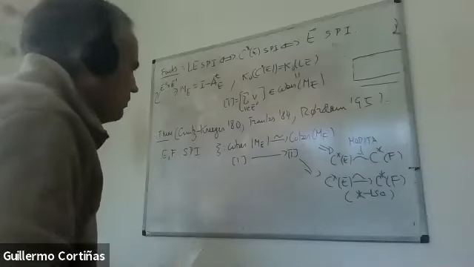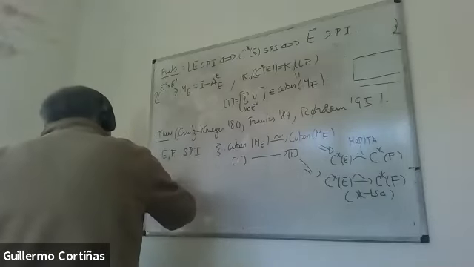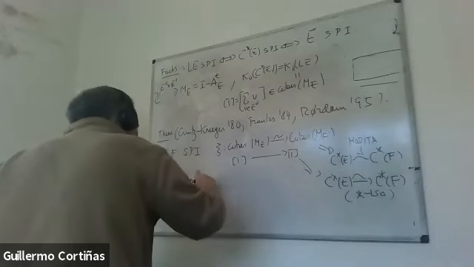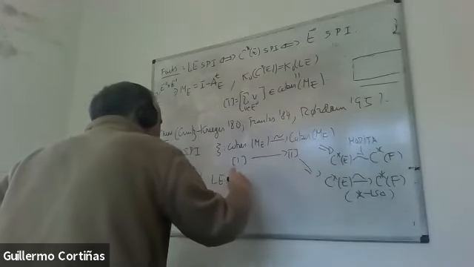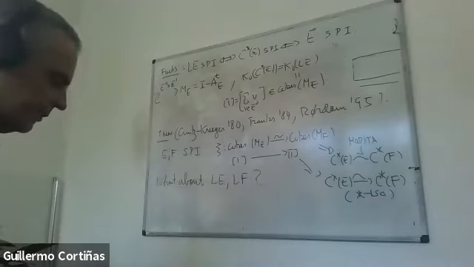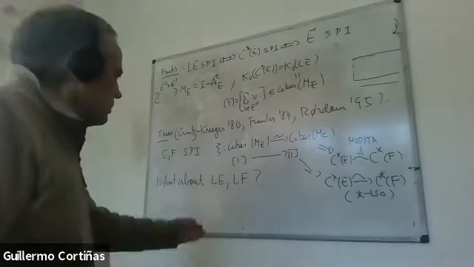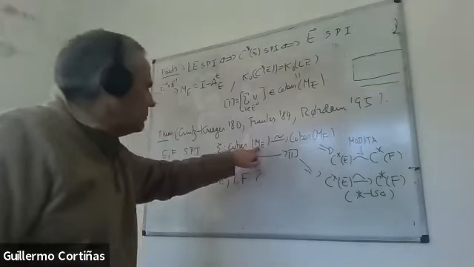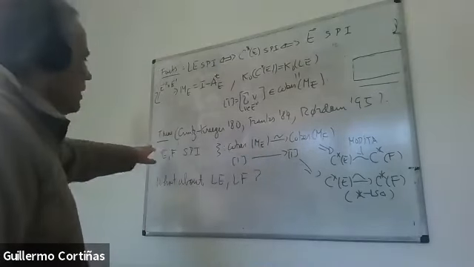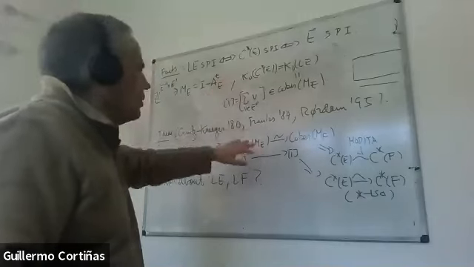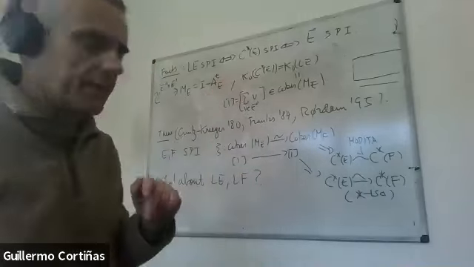Okay, and so the problem is, what about LE and LF? Here, all this data, ME, MF, and the 1 depend only on the graphs, right?